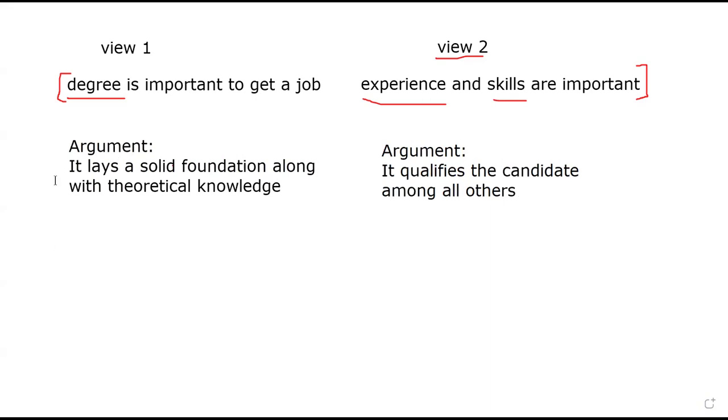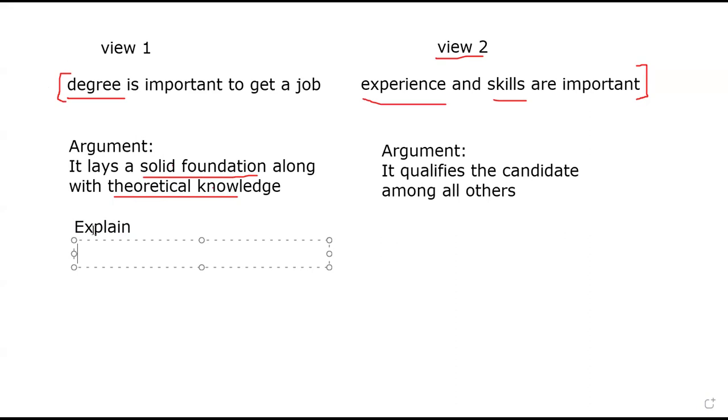You already developed your arguments, and it's going to be the very first sentence of your paragraph. The second sentence is where you will explain why the argument is important. For example, you can explain why it gives a solid foundation or what type of theoretical knowledge. In the explanation, we can write about some professions that require this degree because without it, you're not going to be considered a professional.